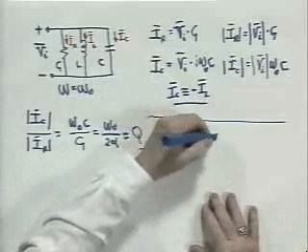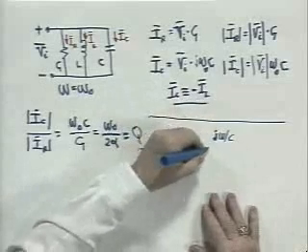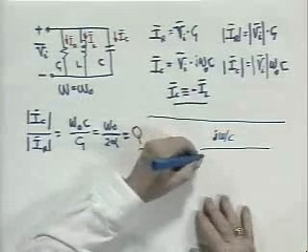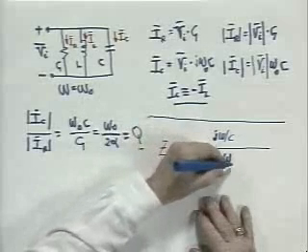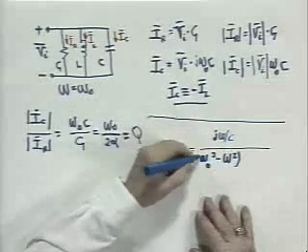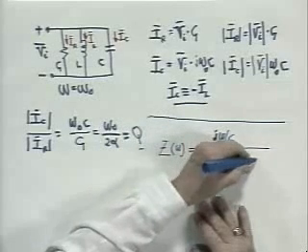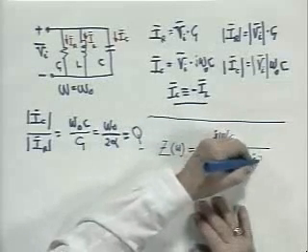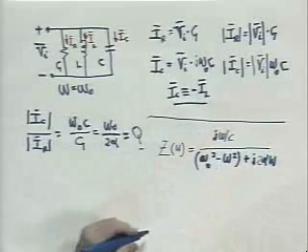It is j omega over C divided by omega naught squared minus omega squared for the real part, plus j 2 alpha omega.